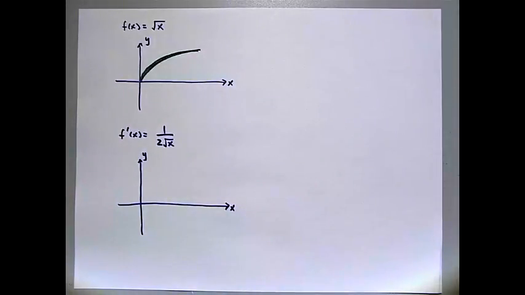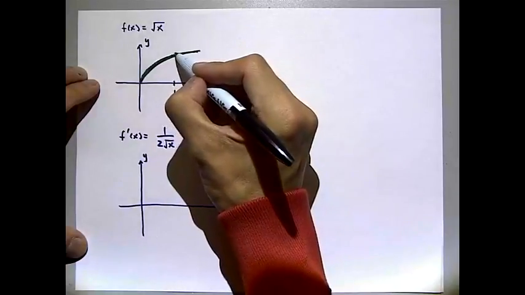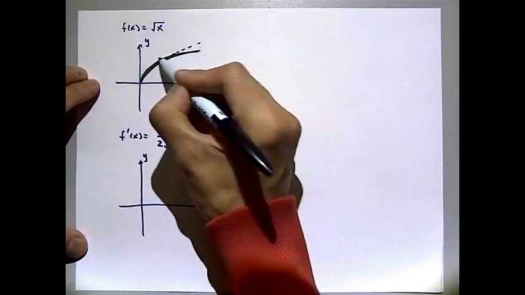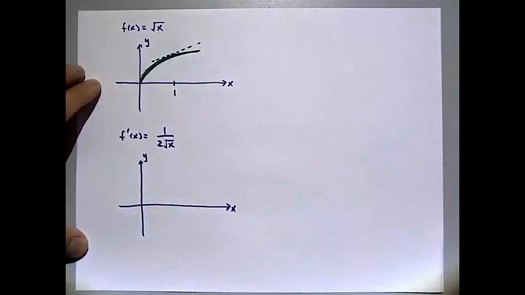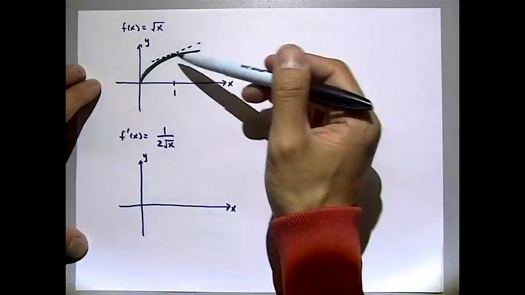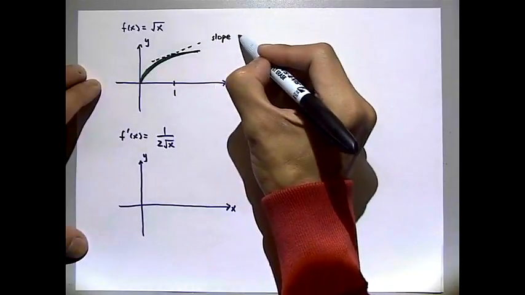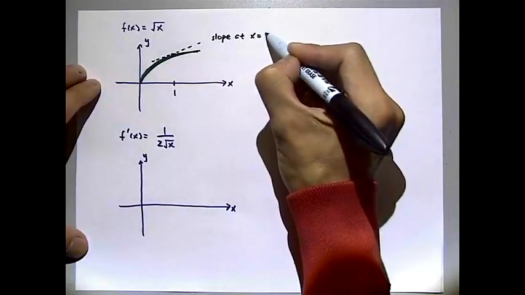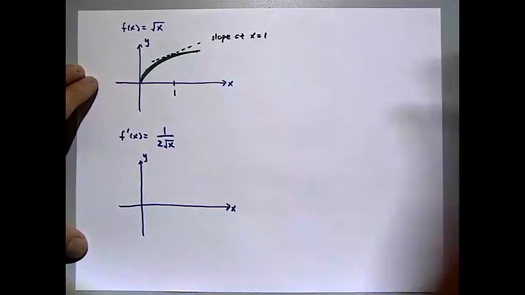Now remember that derivative tells you the slope of the tangent line. So let's say if you go to 1 here, for example, the tangent line, which approximates the slope at that location, is just a perfectly fine number. It's perfectly okay. It could be 1, it could be 2, whatever.